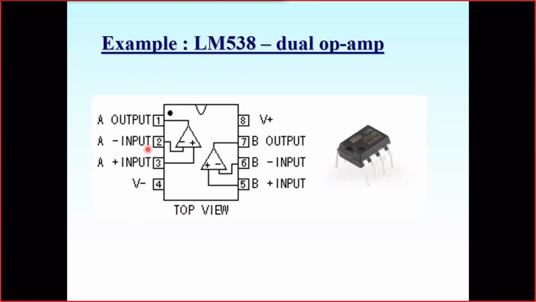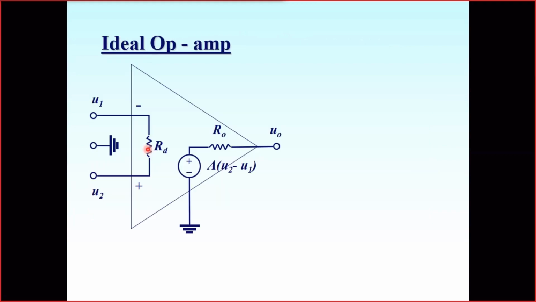Well, okay, to be able to calculate circuits where the amplifier is used, we use the so-called ideal op-amp model. For the ideal op-amp model, we have the following assumptions. First of all, we assume that the gain of the amplifier is infinite.